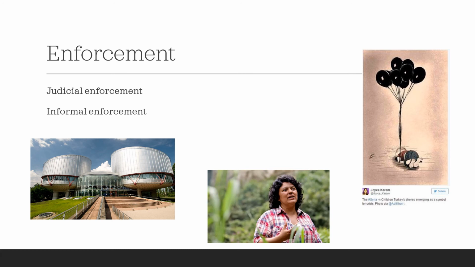And then this form of informal enforcement is not something that can be avoided or forgotten, because if we would only rely on judicial enforcement, human rights would not be available in the situations when they're most needed, because it's precisely in those societies where the judicial system has not achieved respect and impartiality where the most severe human rights violations will arise, and where you will have the stronger need for some form of enforcement.